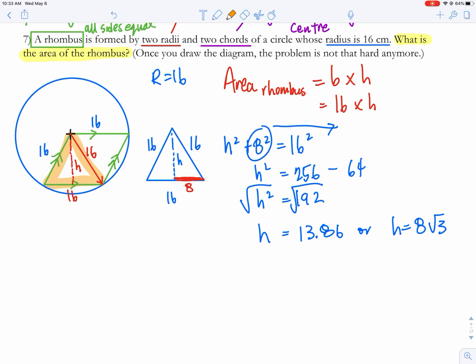We've solved for this height here. So now we can get the area of our rhombus.